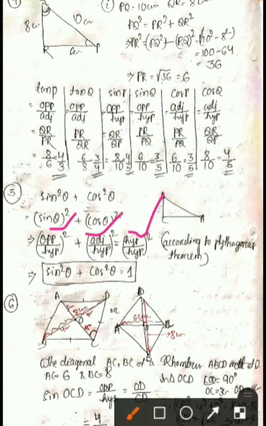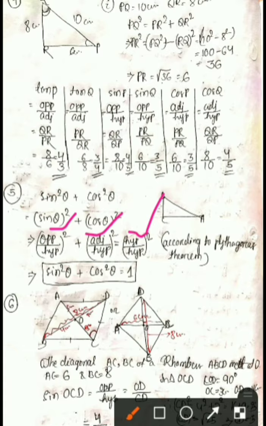If you divide both the right hand side and left hand side by hypotenuse square, you will get sin square theta plus cos square theta equal to 1. So for any angle theta, sin square theta plus cos square theta equals 1.